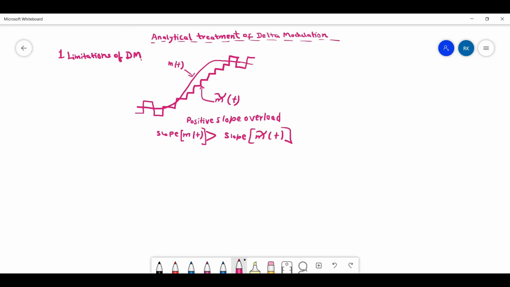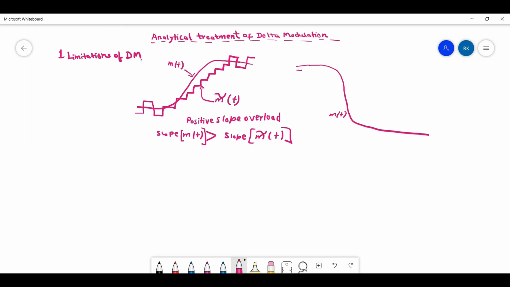Okay, we can have a different version of slope overload error. I'm going to discuss now negative slope overload error. Okay, so let this particular signal be m(t), the original message signal.